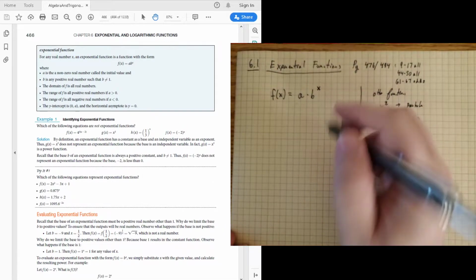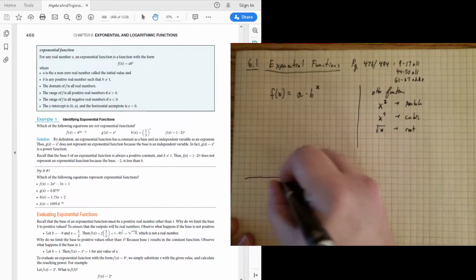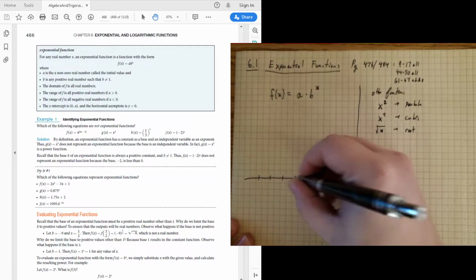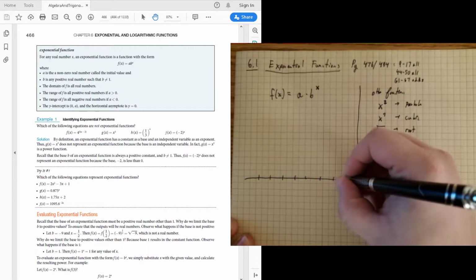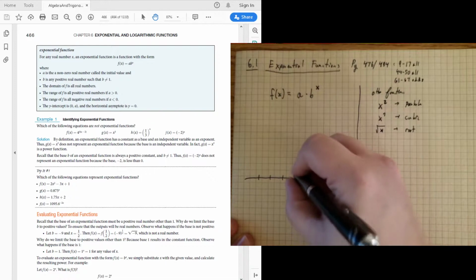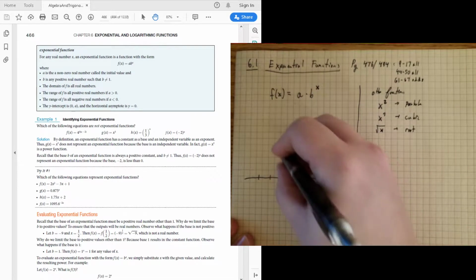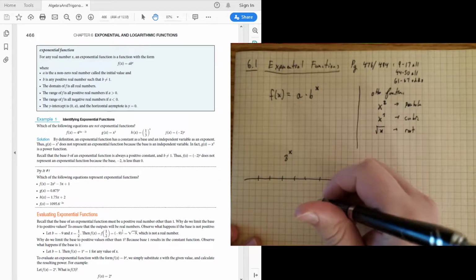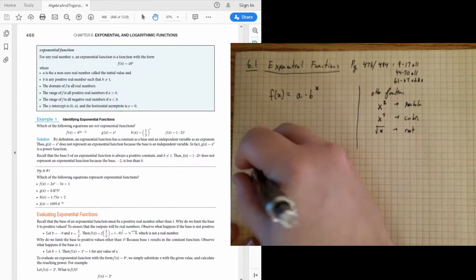So just real quick, I want to look at a very brief example, showing what this looks like using a number. I'm going to pick a random number, in this case the number 3. So I'm going to use the function 3 to the x power, and I want to showcase what this looks like when we choose different x's.